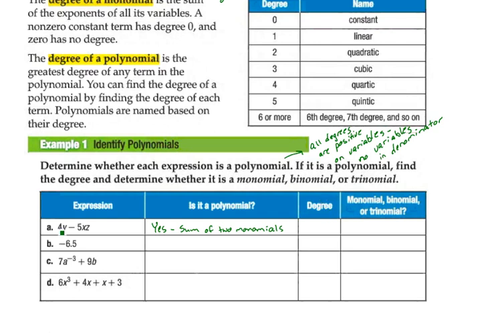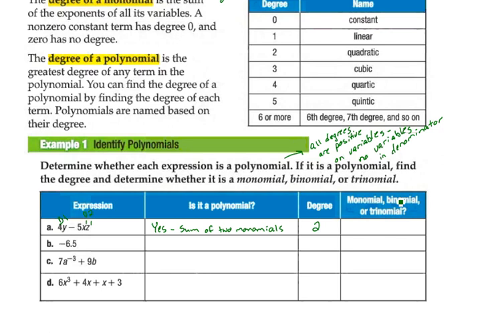Well, we have to look at each of these pieces separately. This y is y to the 1st, so he's a degree of 1. Look at this. We have an x to the 1st and a z to the 1st here. Remember, we have to add those two, so this is a degree of 2. So what's the degree of the whole polynomial? 2. This is the 2nd degree.